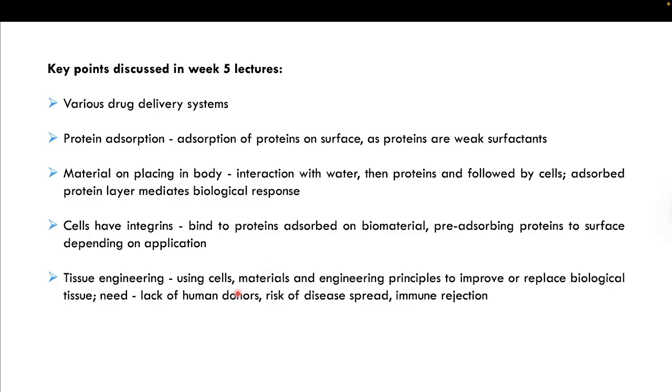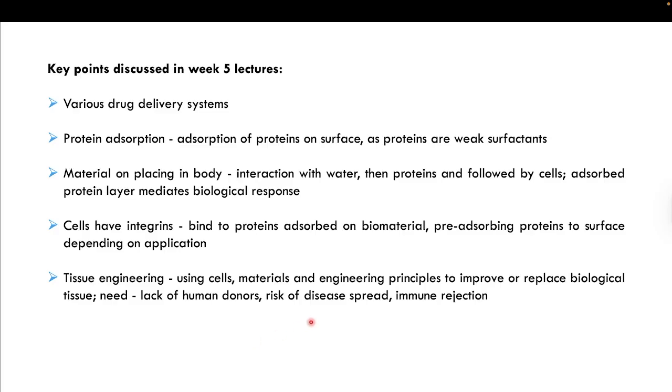So that is one reason why we need to learn tissue engineering, because if we are successful in artificially making organs, then it would be a great thing in the medical field. We would be able to replace failed organs, or we would be able to easily make these organs available to a number of patients rather than just harvesting them from human donors. So that is one thing.